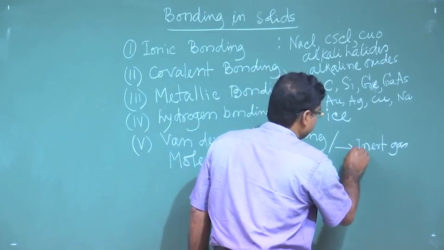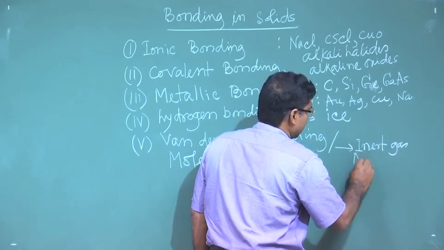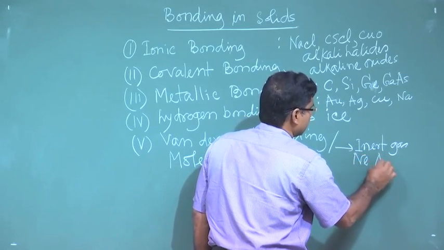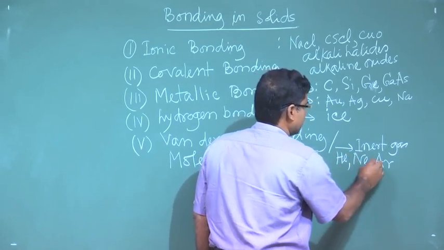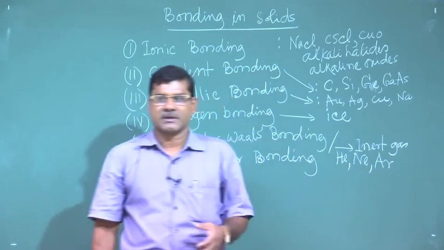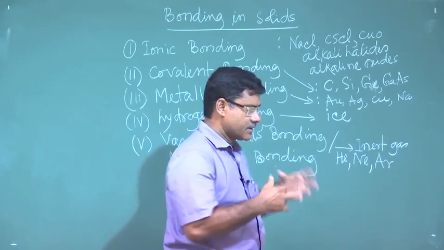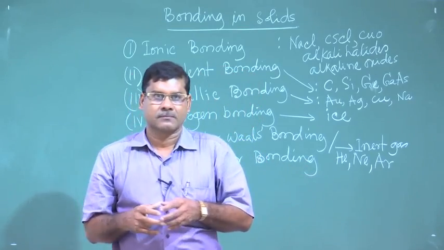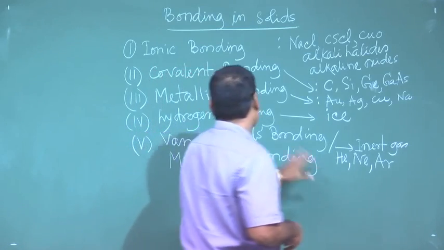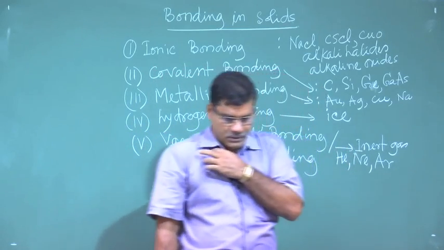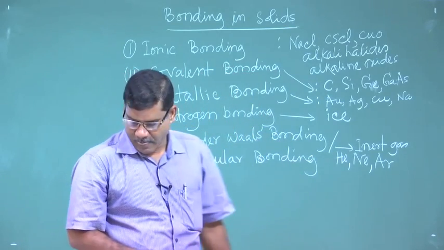These are inert gases: neon, argon, helium. When inert gas forms a solid at low temperature, the atoms are held in the solid because of molecular bonding or van der Waals bonding. I will discuss one by one.